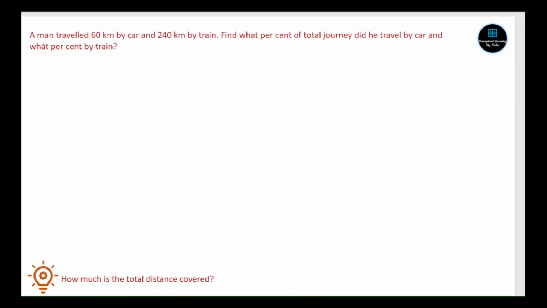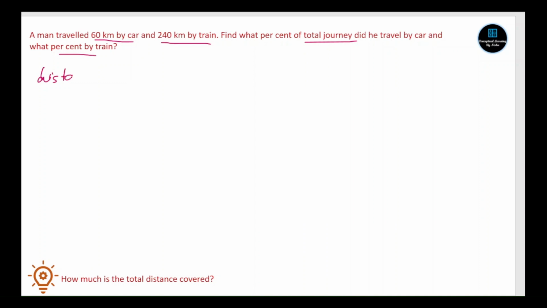Okay. A man travelled 60 km by car and 240 km by train. Find what percent of the total journey he travelled by car and what percent by train. So first of all, we'll find the distance in the total journey.